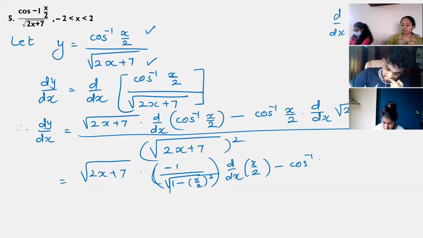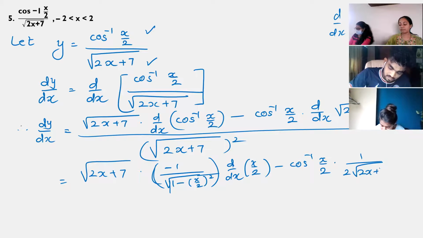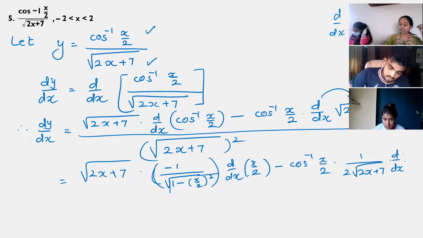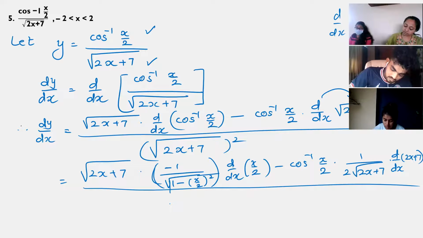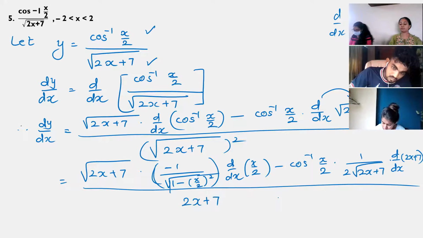Minus cos inverse x by 2. Root x we have already learned, 1 by 2 root x, so differentiation of the power is solved. But it is not x, it is 2x plus 7, so again we have to apply that. Then the square root and the square are removed, and 2x plus 7 is the denominator.